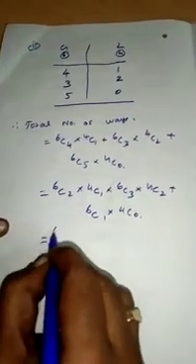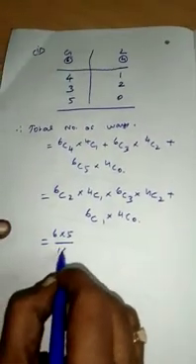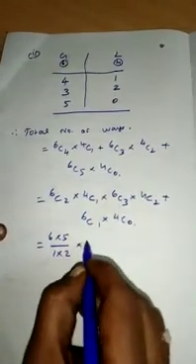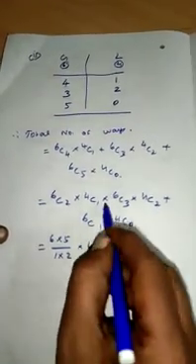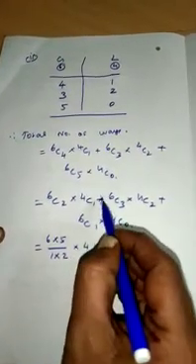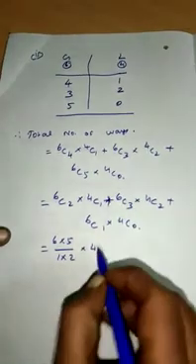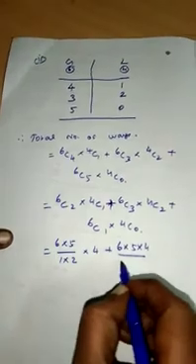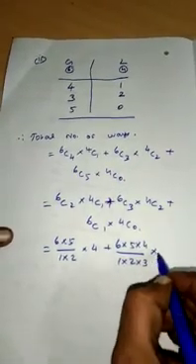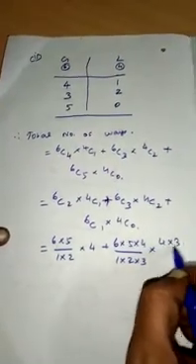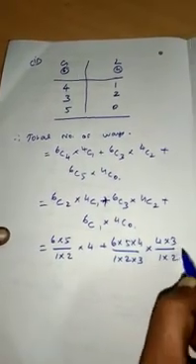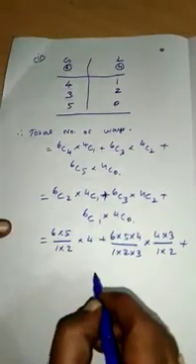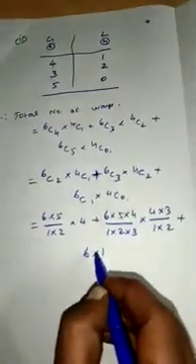We get 6C2 is 6 into 5 by 1 into 2. 4C1 is 4. Here is plus. 6C3 is 6 into 5 into 4 by 1 into 2 into 3. 4C2 is 4 into 3 by 1 into 2, plus 6C1 is 6. 4C0 is 1.